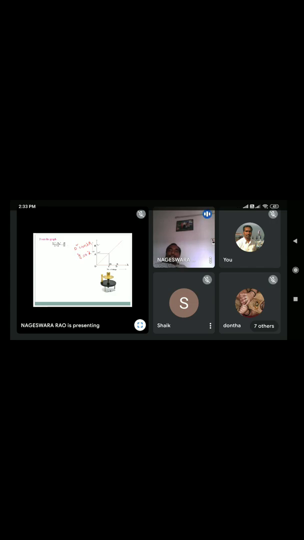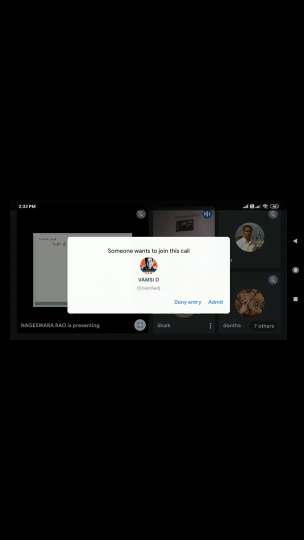So y is equal to mx. This is just like y is equal to mx. What is this y is equal to mx? We know y is equal to mx is a straight line which is passing through the origin. So the graph drawn between d square and n is a straight line which is passing through the origin. So the graph is just like that.